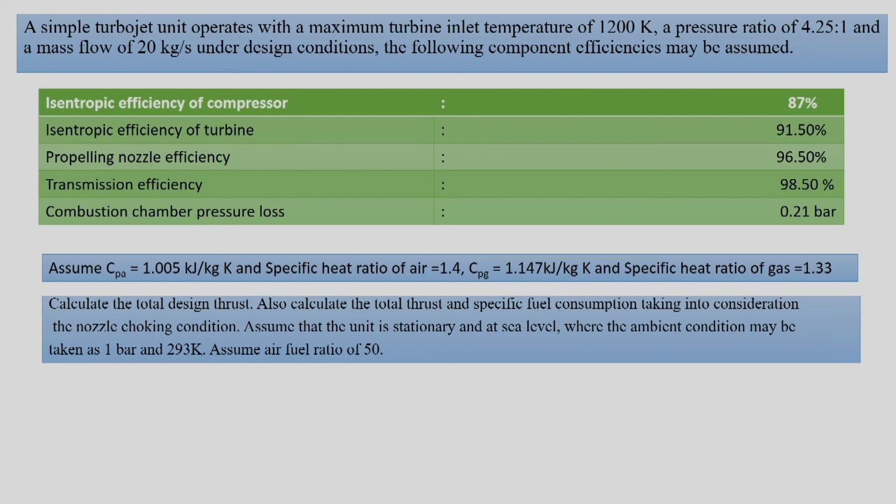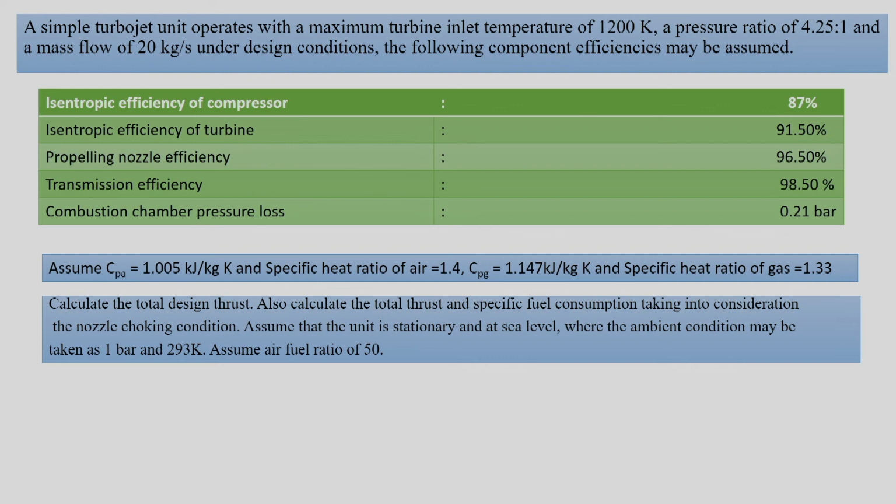A notable point in this example is that nothing is told about the intake, so we can exclude the intake, where we can take the given conditions of 1 bar and 293 Kelvin as the inlet conditions to the compressor. So, these are the compressor inlet conditions, and we can proceed with the example.